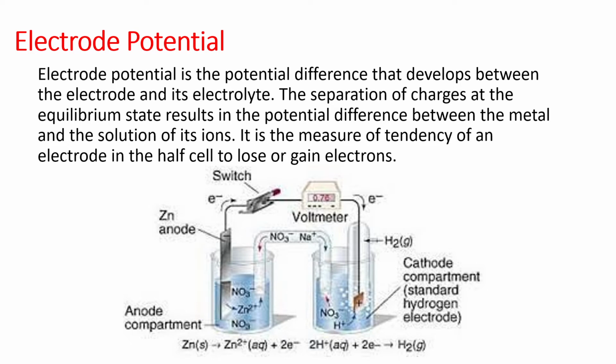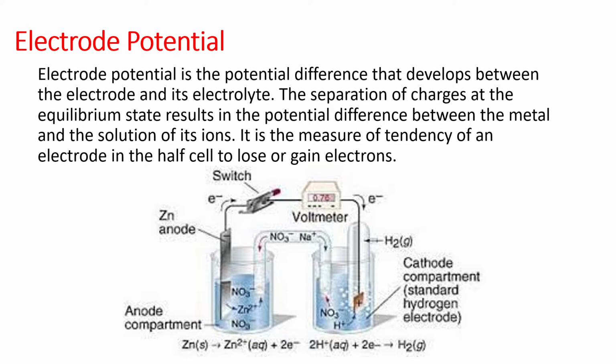So what does it mean if there is a potential difference which is developed? As here you can see, in the anodic compartment there are zinc 2 plus ions. Zinc 2 plus ions are released from the zinc anode or zinc electrode which is getting oxidized.